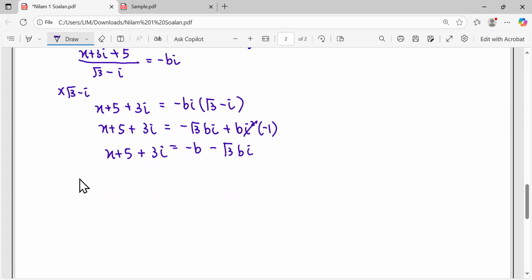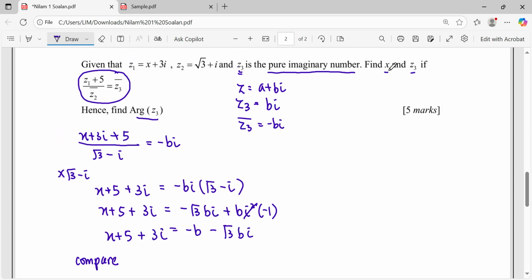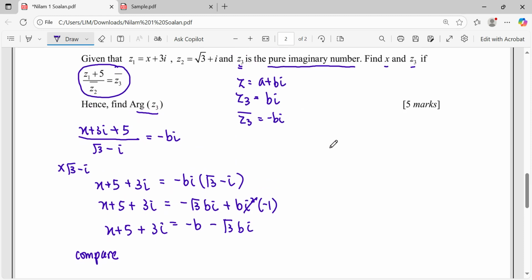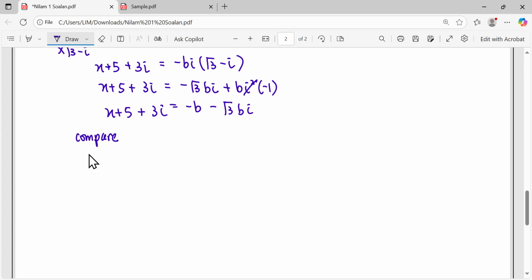Then we can start to compare. So what is your direction? What is your focus? You need to find out what is your x and what's your Z3, means what's your b here. So when you compare real part, x plus 5 equals to negative b, equation 1. Imaginary part, it will be 3 equals to negative 3b.